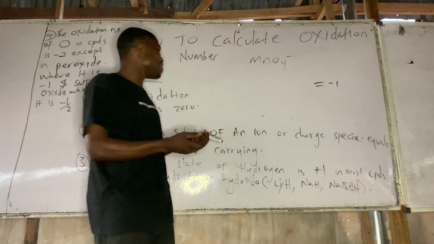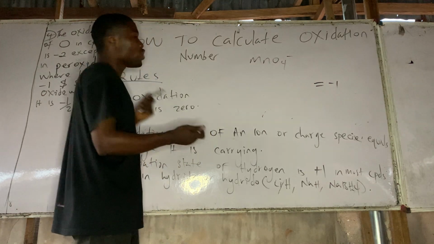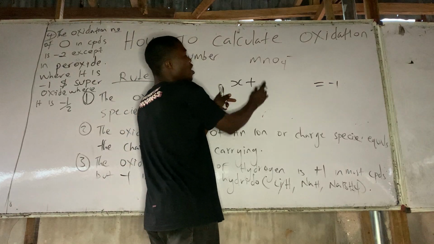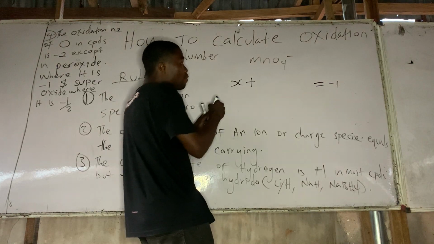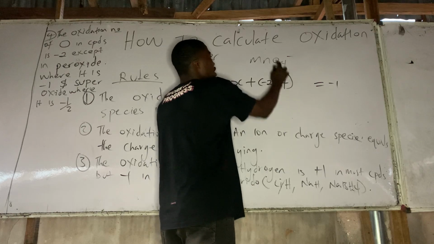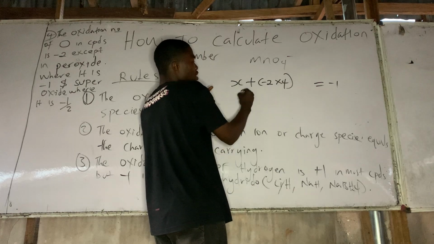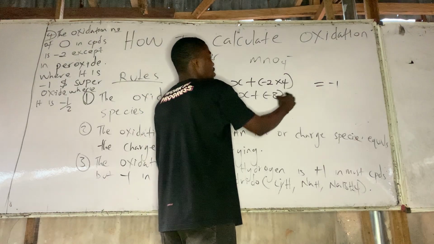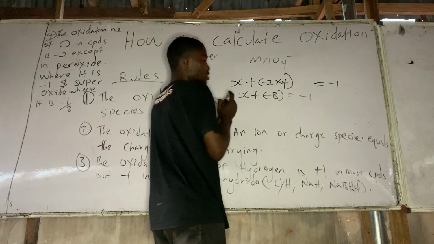So quickly, we already know that oxygen is usually -2 in compounds. We're looking for Mn, which is X, plus -2 times 4. There are 4 oxygens. By the end of the day, I have X plus -8 equals -1.